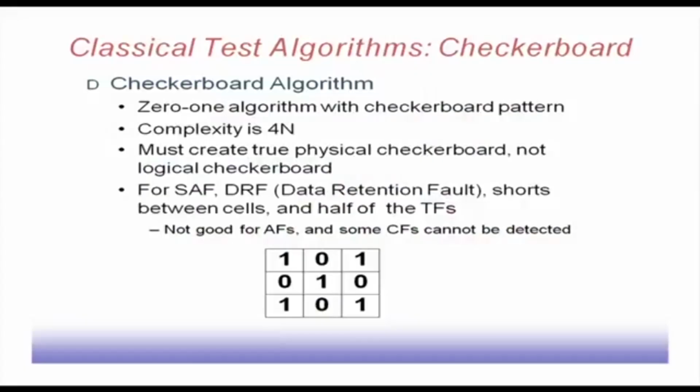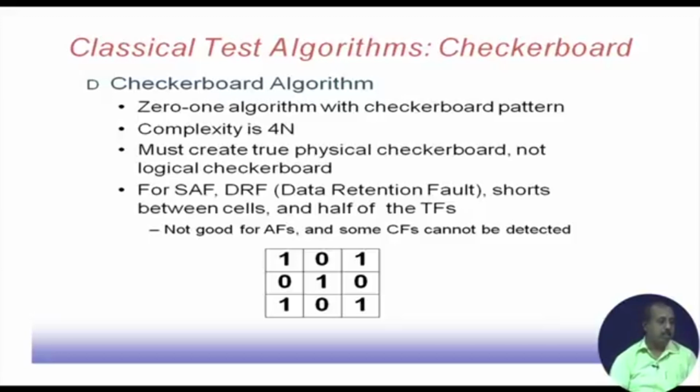It is not mandatory that a particular cell I and the cell I plus 1, which are logically close to each other, will also be physically close to each other. They may be far away in the actual layout. So, in the actual layout this checkerboard has to be created. It is not a logical checkerboard, but a physical checkerboard that we have to do.